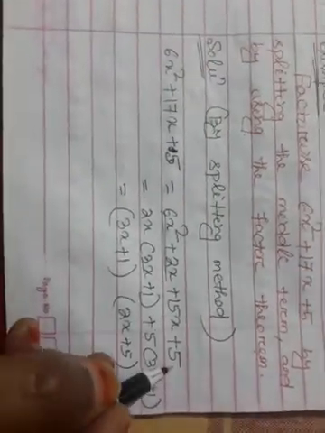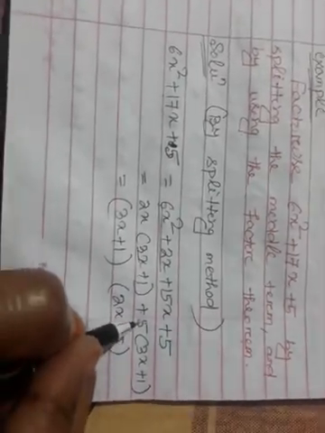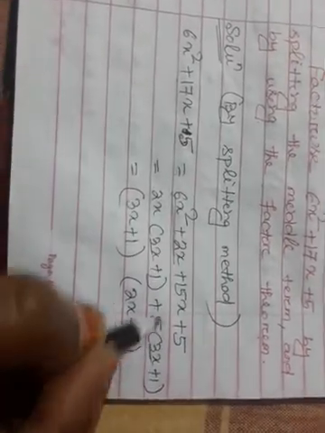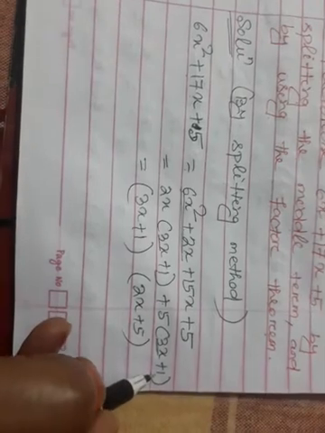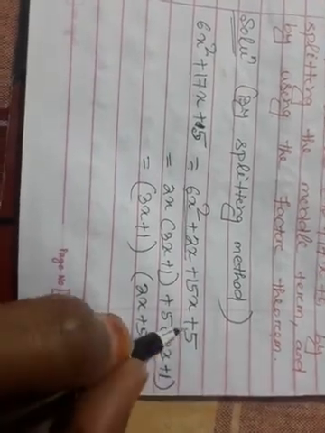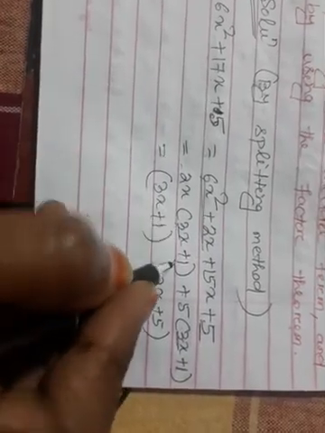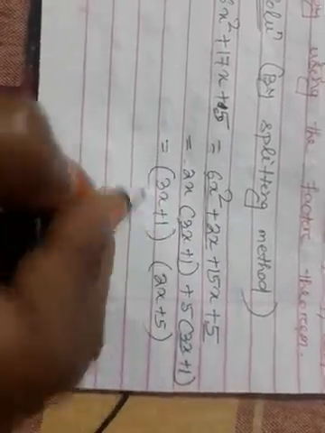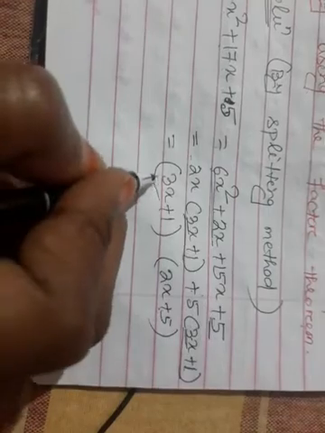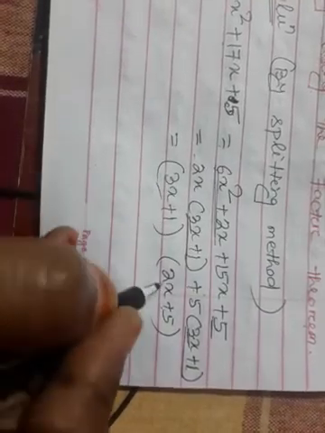From 15x + 5 we take 5 as common, remaining 3x and 1. So from these two terms, 3x + 1 is common, and the other factor is 2x + 5. So the product is (3x + 1)(2x + 5).